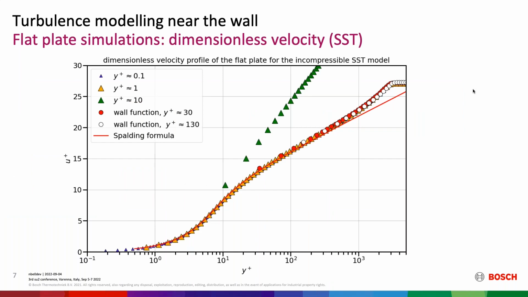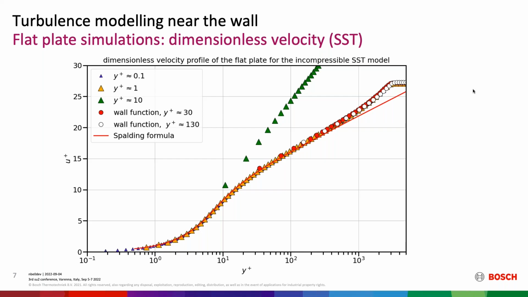So some simulation results. This figure shows the numerical results of running the SST 2003 turbulence model for the incompressible flat plate using different mesh sizes, where the mesh was varied in such a way that the y plus value for the first point away from the wall changes from 0.1 to 1 and then finally 10.